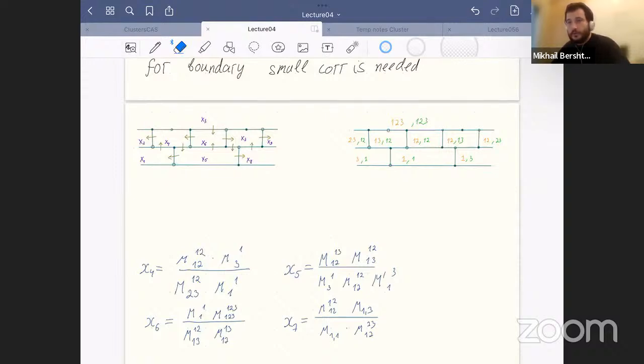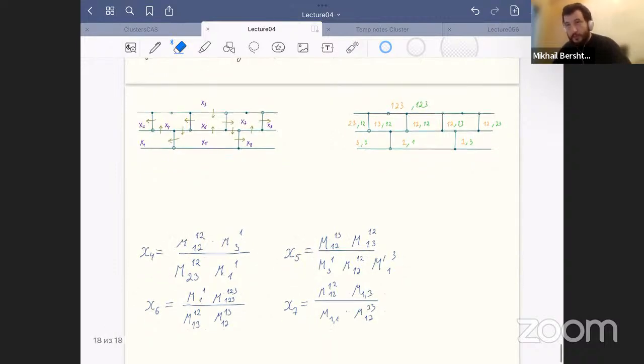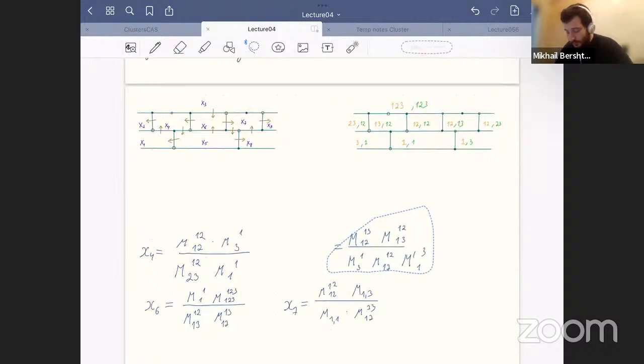Okay, so here x4 and x7 remain, but instead of x5 we will get one plus x4 inverse, one plus x7 inverse, of x5.